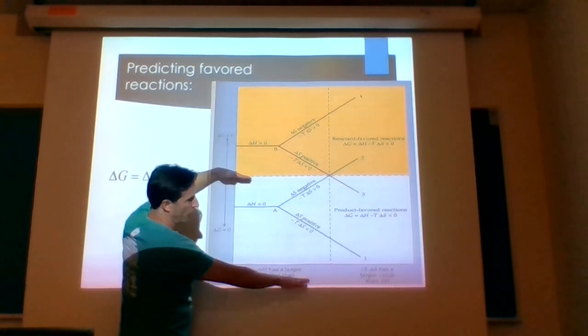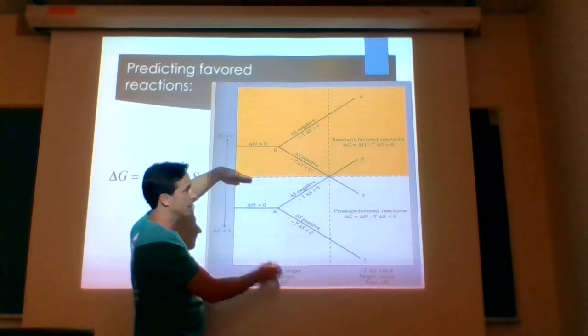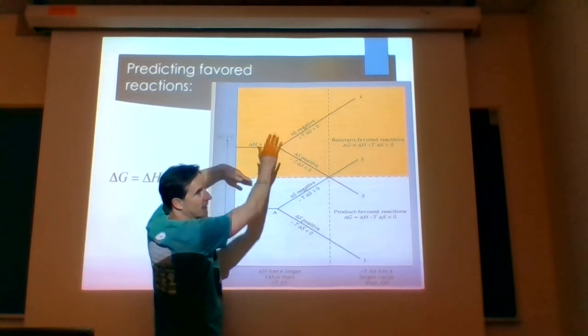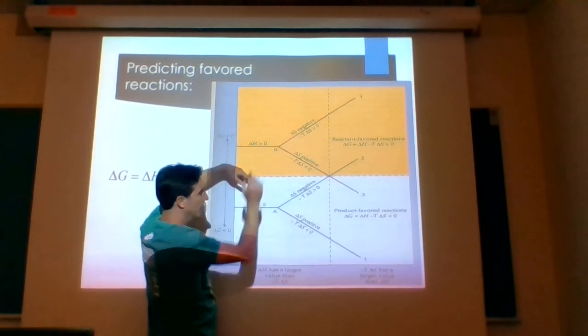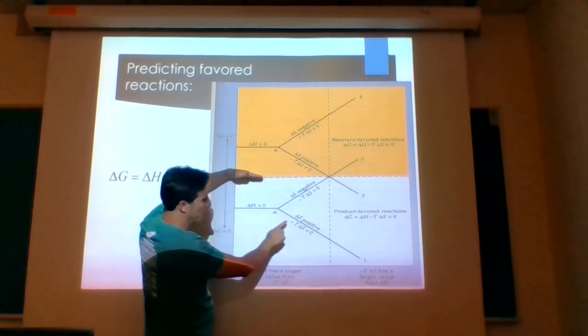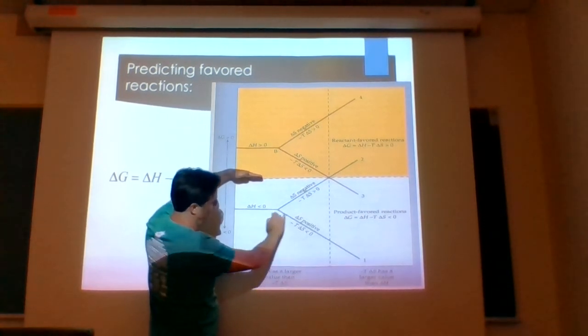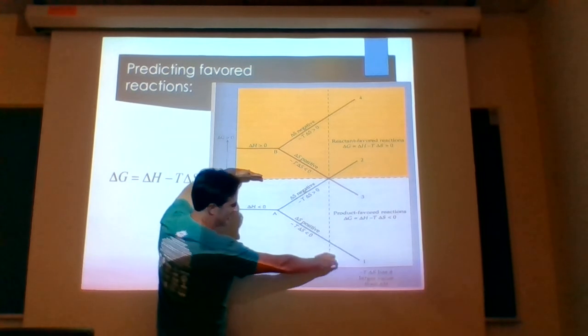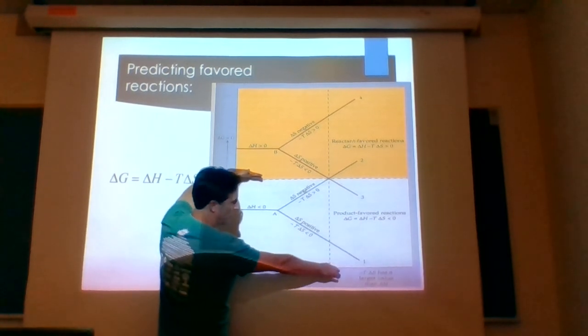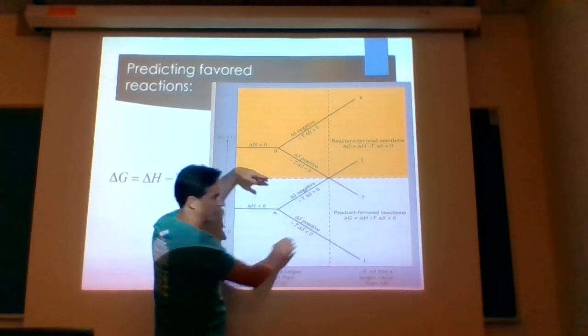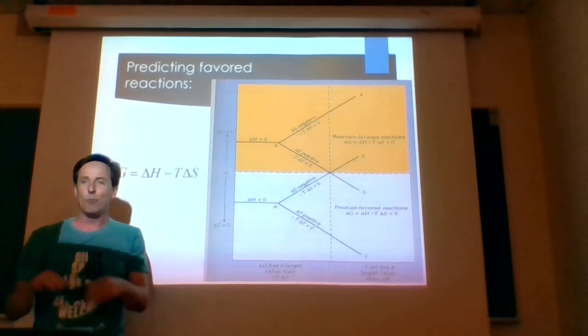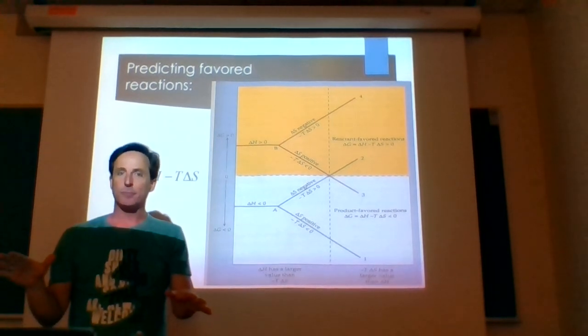If I'm below here, I have a spontaneous reaction. If I'm up there, I have a non-spontaneous reaction. So with a negative delta H and a positive delta S, this part of the graph is always in the spontaneous region. So under those conditions, it'll always be spontaneous regardless of the temperature.